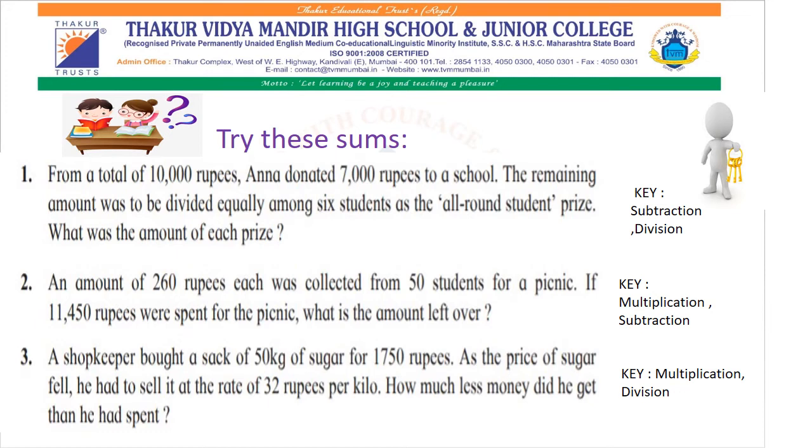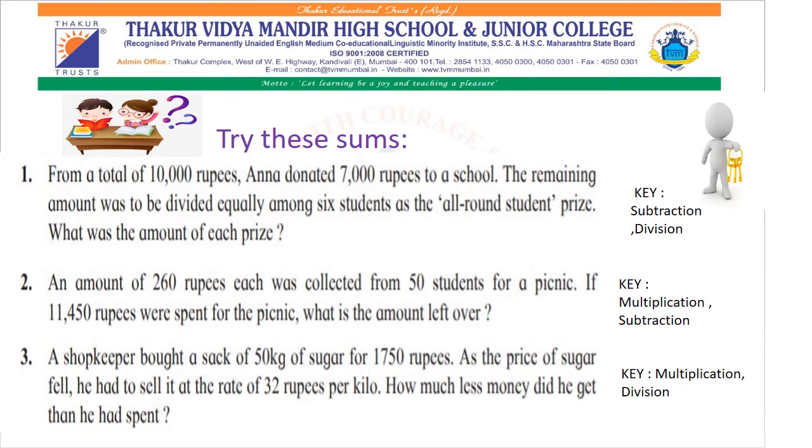So for this, the key operations are subtraction and division. First you will subtract 10,000 minus 7,000, and then you will divide that remaining amount among 6 students. Correct? You will get your answer. Try this. The second one is: an amount of 260 rupees each was collected from 50 students for a picnic.